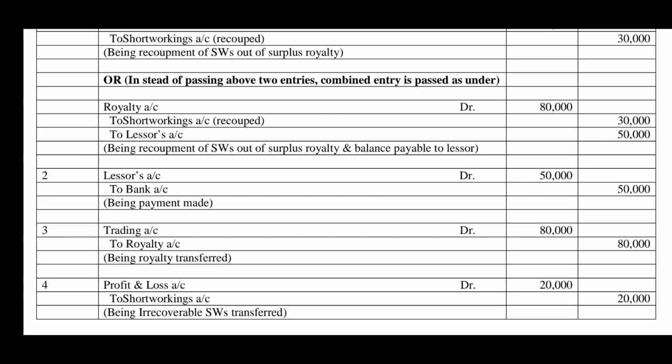Therefore, short workings which cannot be recouped become irrecoverable, which results in loss to the lessee. Therefore, any loss is transferred to profit and loss account. So, profit and loss account is debited with 20,000 rupees irrecoverable short workings to short workings account 20,000 being irrecoverable short workings transferred.